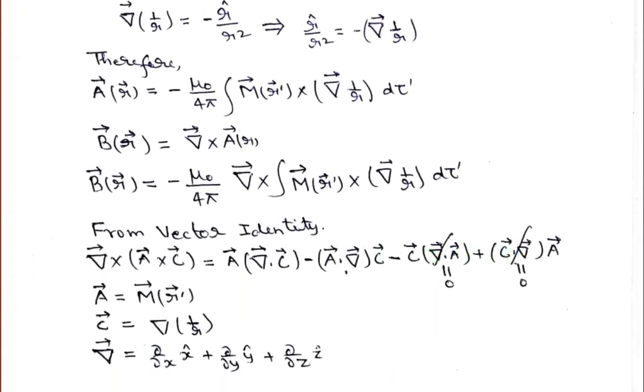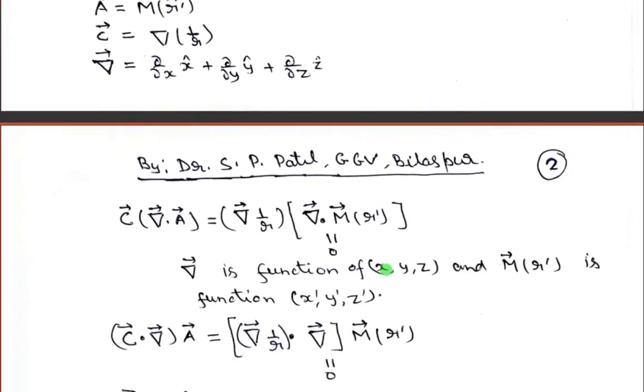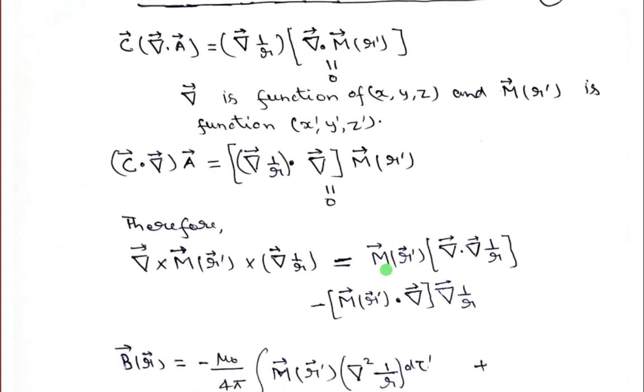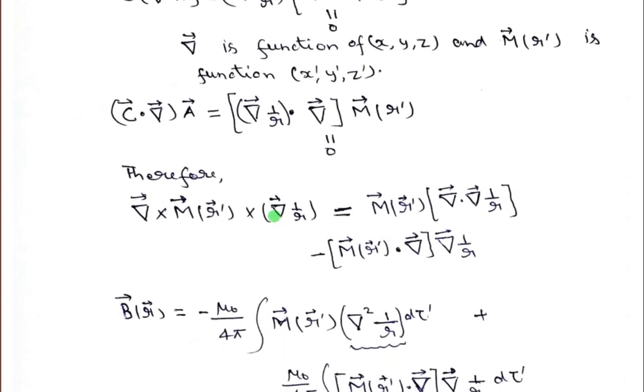So what remaining quantity do we have now? Now we have del cross a cross c is equal to vector a in bracket del dot c, minus in bracket a vector dot del outside the vector, that is c. Now I have substituted the values. In del cross vector a, that is the capital M vector, a function of r prime, cross product with the del operator, that is the gradient of 1 upon r, is equal to, so two terms were remaining.